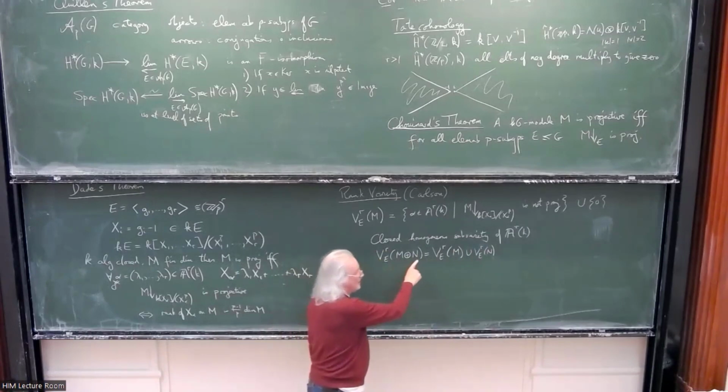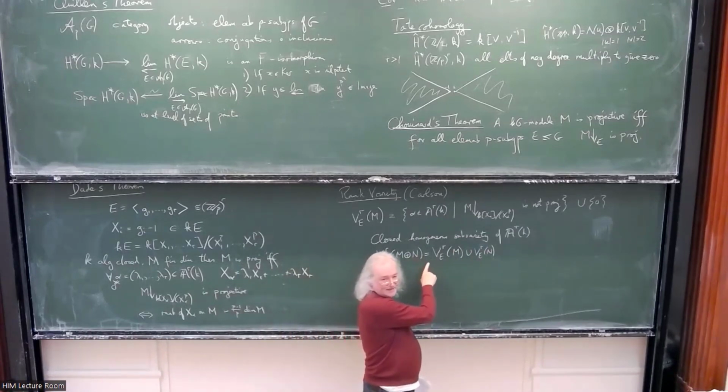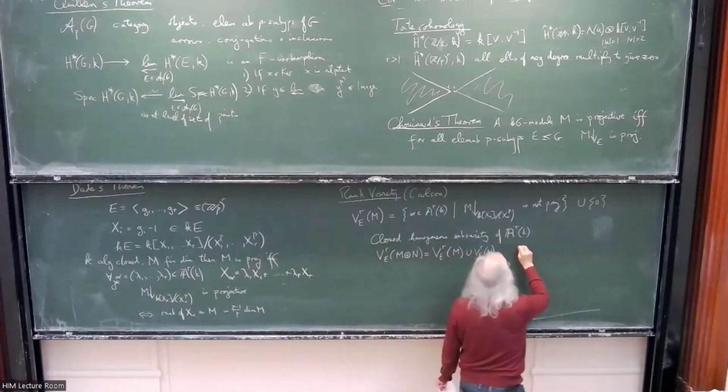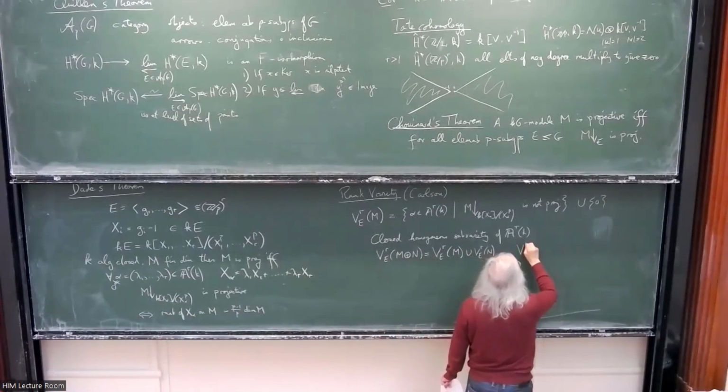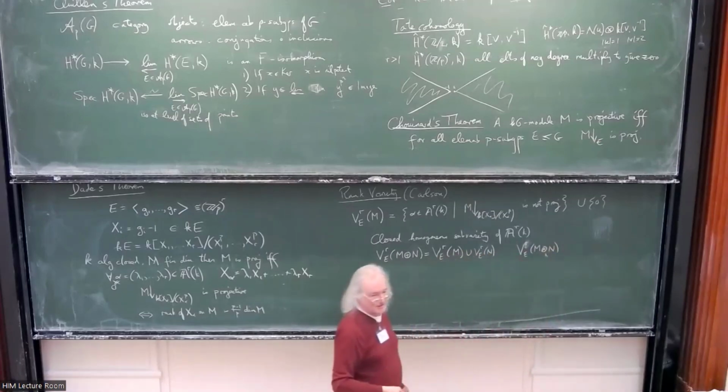So this is a property that's fairly easy to prove. What's much more difficult, and took a while, is the rank variety of a tensor product. This is the tensor product over the field, as defined using the Hopf structure.